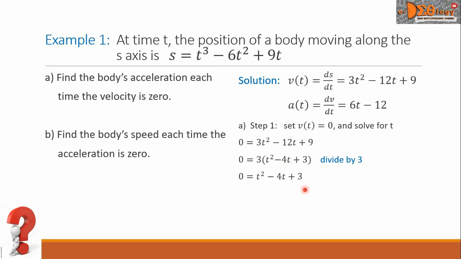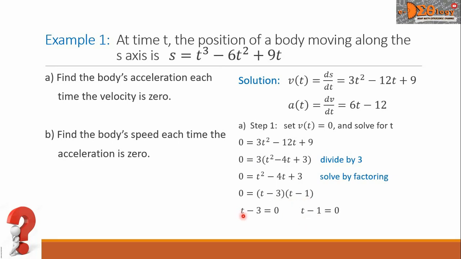Now, let us solve for t. We can see here that we can solve this by factoring. So we write 0 equals the quantity t minus 3 times the quantity t minus 1. Let us equate both factors to 0.